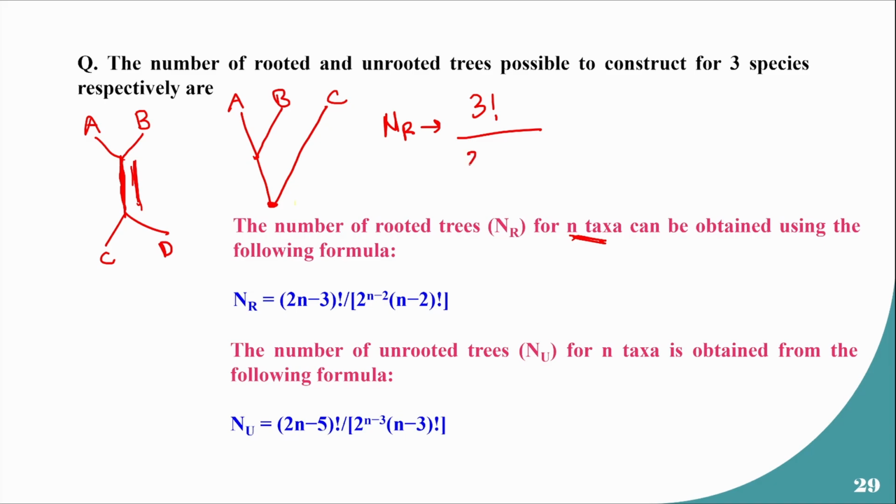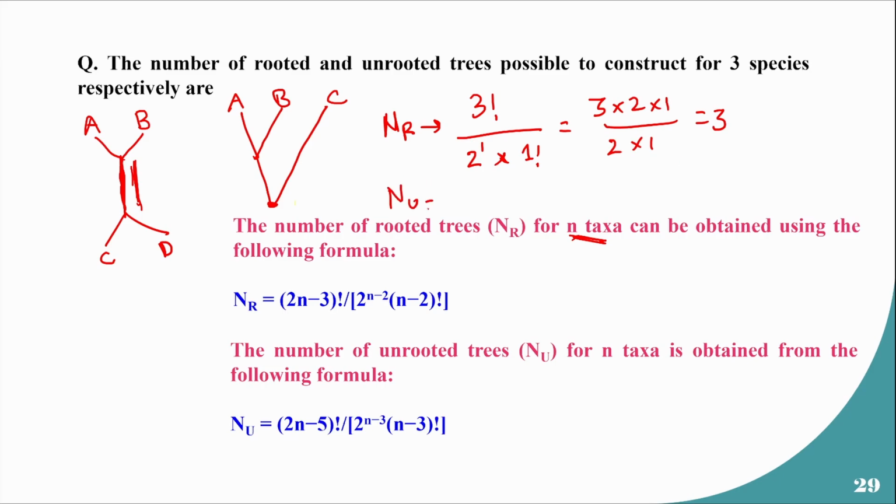So n is 3, so 2 to the power 1, times n minus 2 factorial. Since n is 3, it is only factorial 1. So 3 times 2 times 1, divided by 2 times 1, equals 3, right? So total 3 rooted trees you will get using this formula.